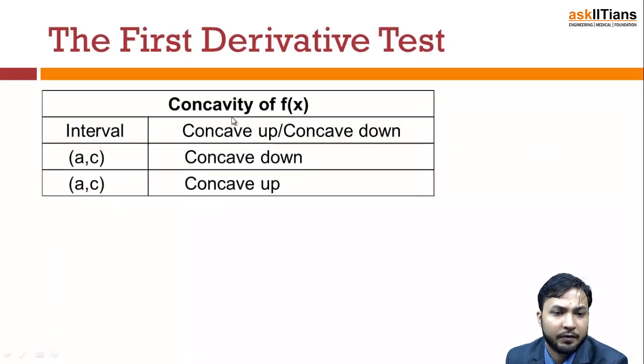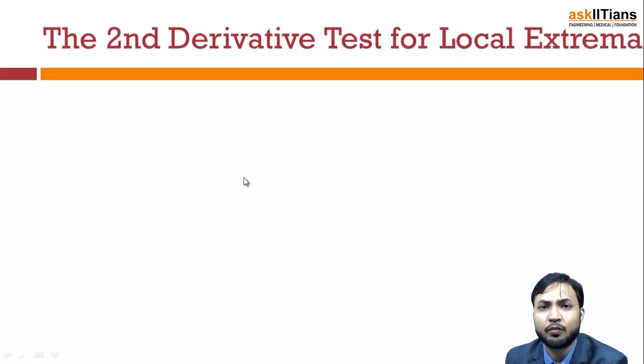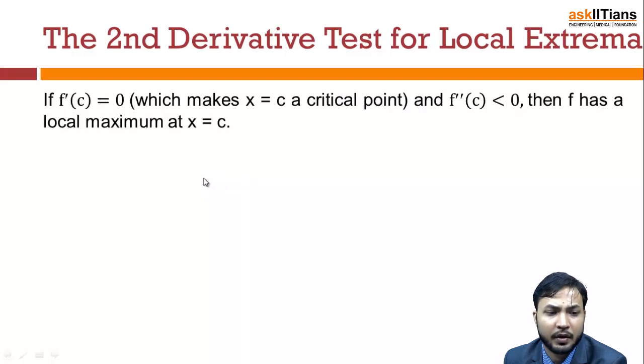Moving ahead, I have my first derivative test. In the first derivative test, what did we see? The concavity of a particular function f(x) during a particular interval AC was concave downwards, and then it was concave upwards. Now let's move on to the next part where we study the second derivative test for local extrema.